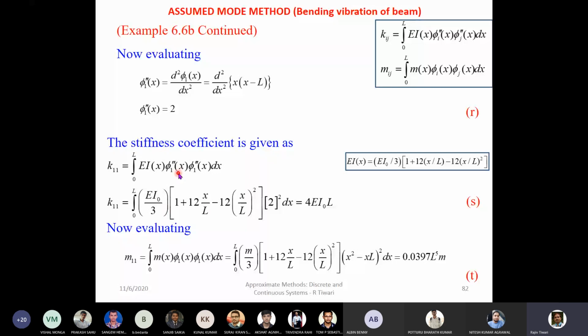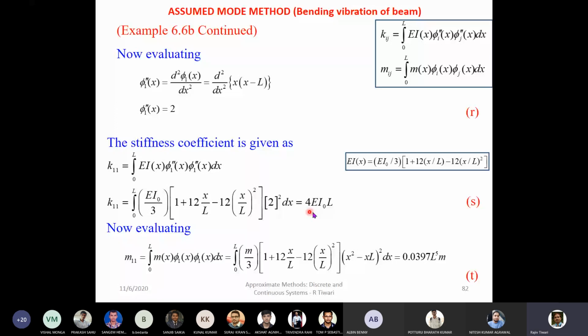Then the differentiation of this we already got 2, and because they are the same terms, the square of that is here. Now we need to integrate this with respect to x, and then put the limit 0 to L. After doing this, we'll get K11 as 4 EI naught by L.